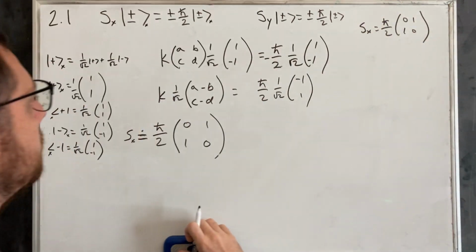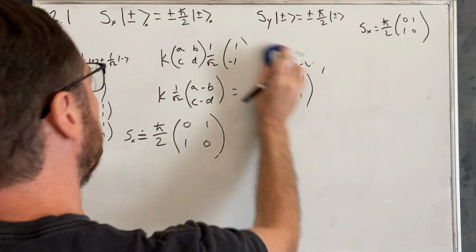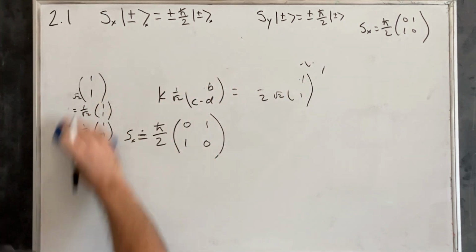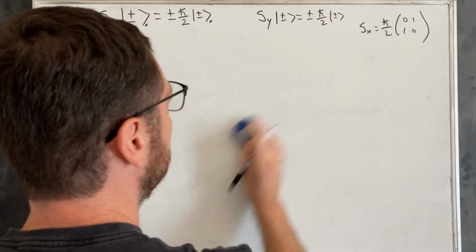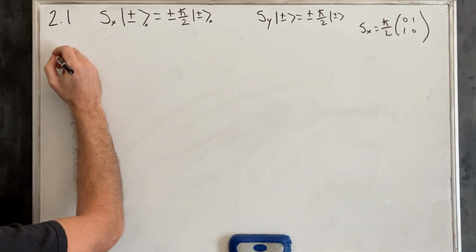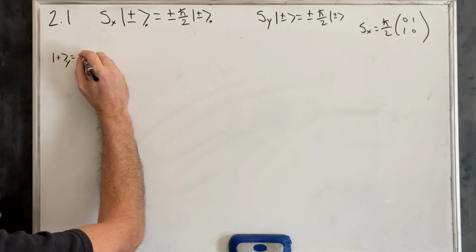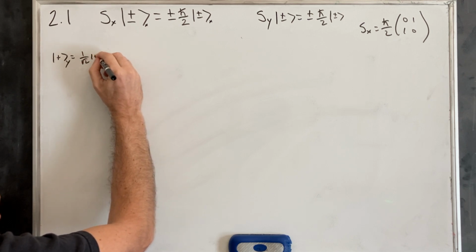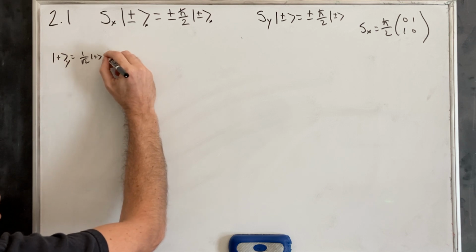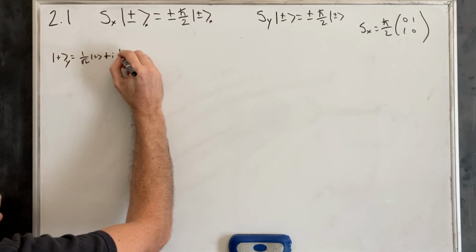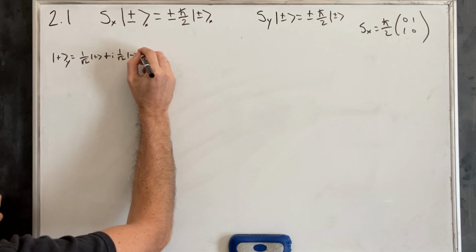Okay, so now we'll do the Sy. So we will get rid of everything here. And we know that our y direction, so the up, is equal to 1 over root 2 up plus i, 1 over root 2 down.